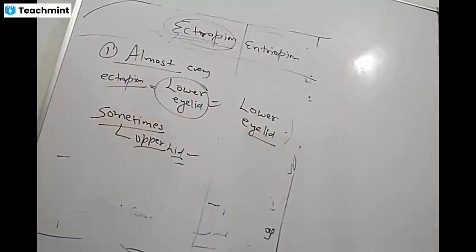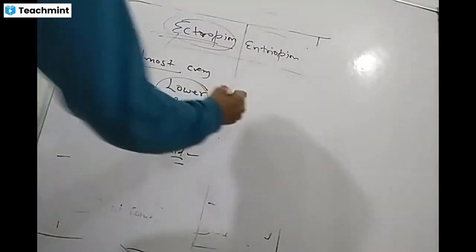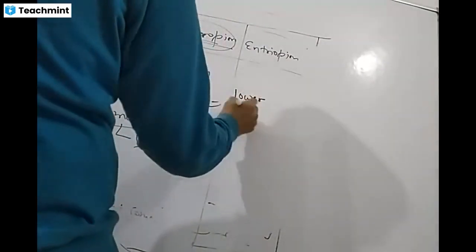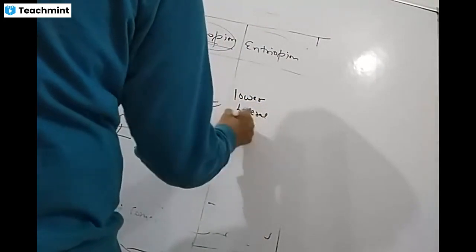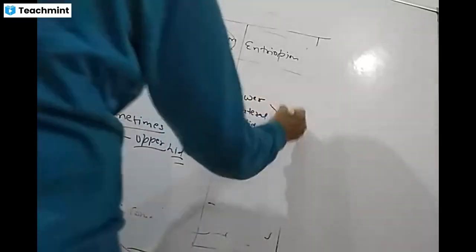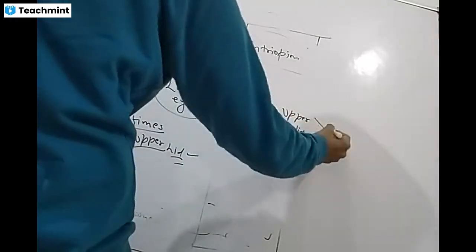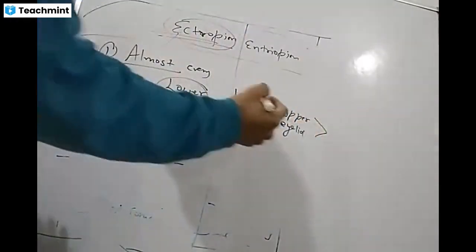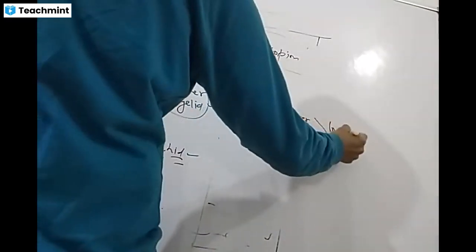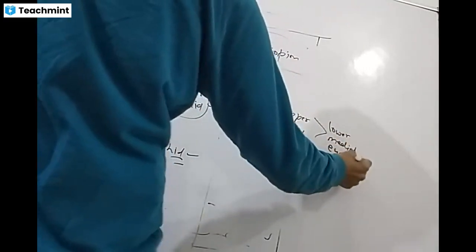But in case of entropion, the involvement is like this: the lower lateral eyelid is more commonly involved than the upper eyelid, and it is more common than the lower medial eyelid.